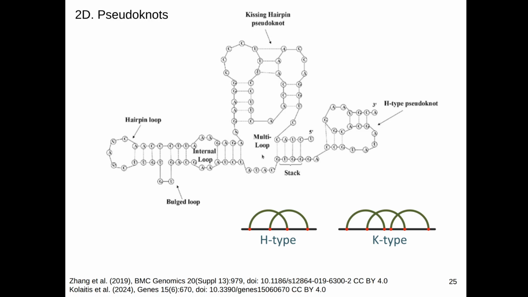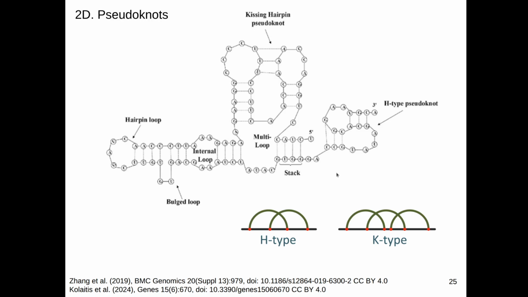They complicate the RNA secondary structure prediction by a lot, but luckily in real biologically relevant RNAs, we rarely have pseudoknots more complex than these two types. So mostly we have just H-type or kissing loops and not more complex, because you can imagine more complex pseudoknots with more intersections, more overlapping orders.